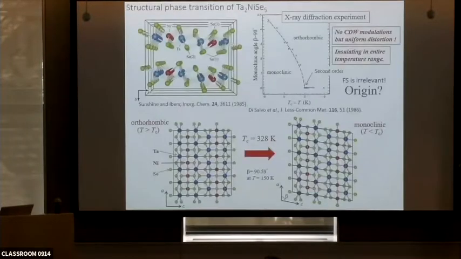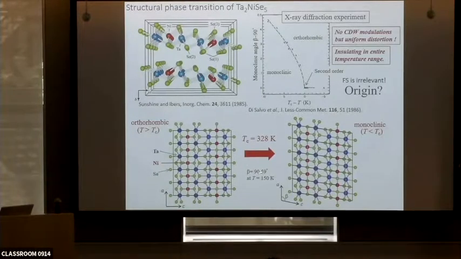Okay, this is the crystal structure. You have the layer structure, with nickel, the red balls here, running along the a direction, and we have two tantalum chains. So the three-chain structure is the basic unit of this material. The structural phase transition occurs at 328 Kelvin from the orthorhombic phase to the monoclinic phase.